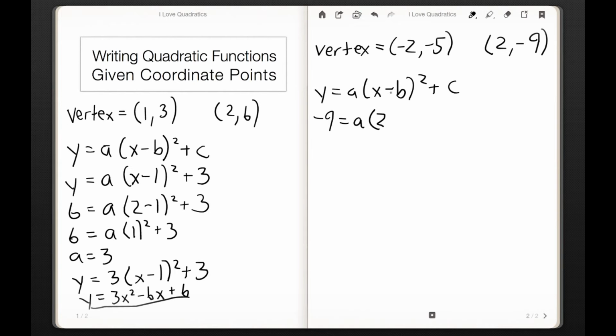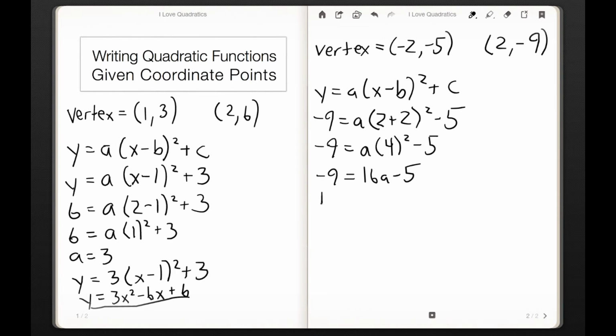So x minus -2 for b will be x plus 2, plus c of -5, so minus 5. And look, we just substituted everything in there at once, so now we just have to solve this. And we get a equal to -1/4.